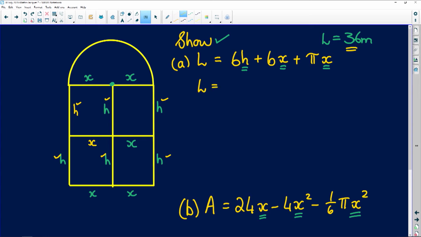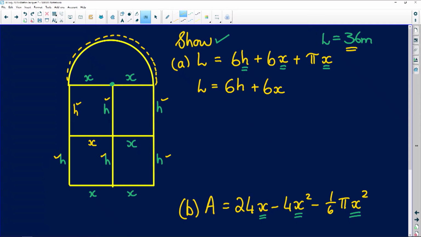So the length has 6 lengths of steel with height H. Then there's 1, 2, 3, 4, 5, 6 of length X, and then pi times X. Now that can only be this semicircle here at the top. Usually the circumference will be 2 pi r.